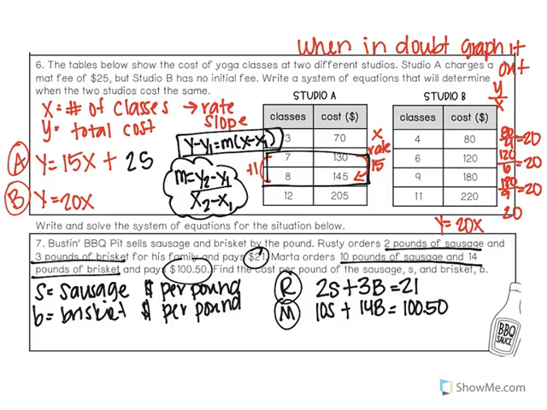I would use elimination when solving. So I would, at this point, multiply all of this, which also, when in doubt, graph it out if you have Desmos, but I would multiply by a -5, which is going to turn into a -10s plus, which is a minus because it's a negative, so minus 15b is equal to a negative 21 times 5, 105.